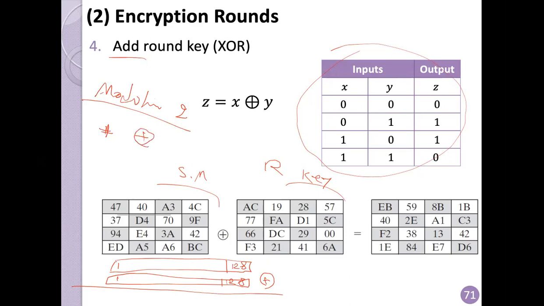That's why they call it add round key. We are in fact adding, or summing, the key to the state matrix, but of course we are doing it modulo 2, in base 2. We do XOR, but they call it add round key, and the name comes from that reason.